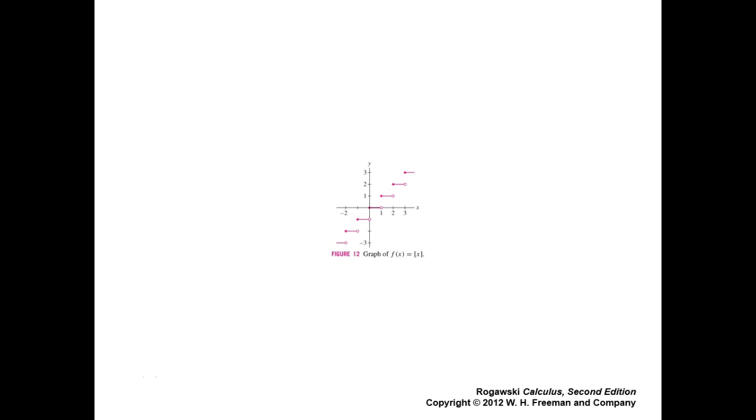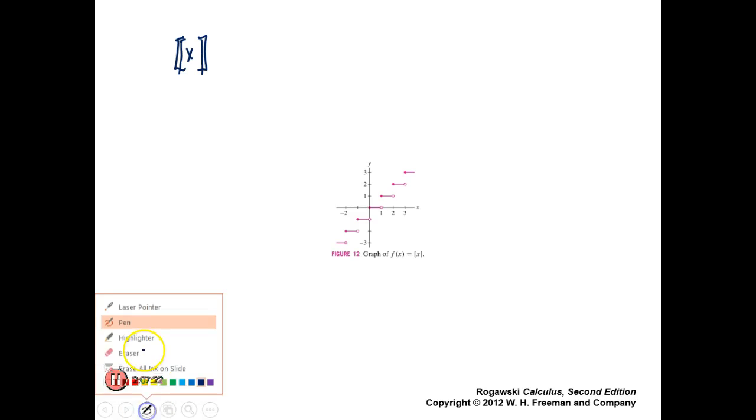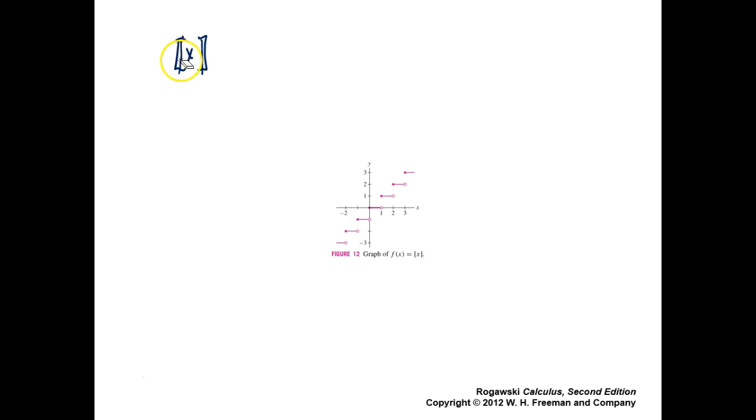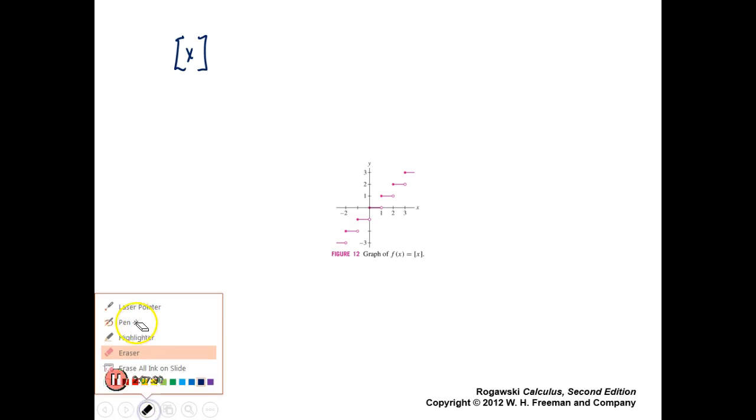The greatest integer function, which is defined as this. Now, in some math books, you'll see a double bracket here. Okay? That's how they do it. This book just uses a single bracket. So be careful for that. If you're used to seeing the other way, just don't get confused. Same meaning, just different notation.